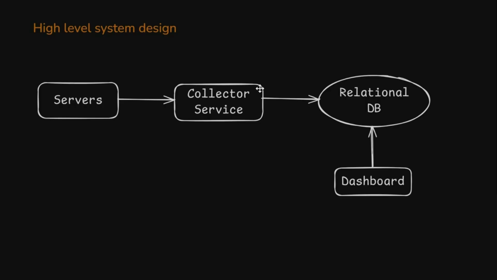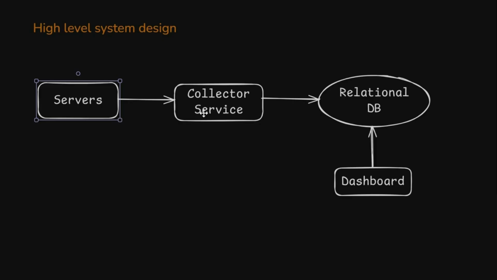From here, we can start thinking about the push or pull mechanism. Either these servers can push these events to this service via some API, or this service can periodically call these servers to get these events.